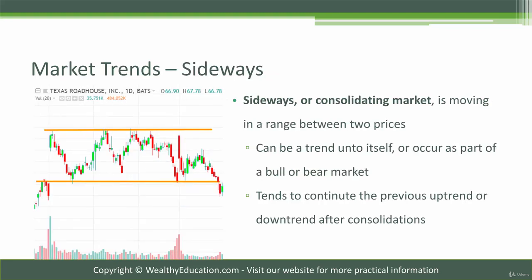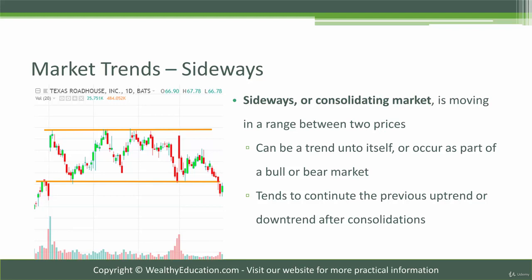Finally, the third type of market trend is a sideways or consolidating market. In this case, a stock or a market is moving in a range between two price levels. A consolidation can be a trend unto itself. You can have a consolidating market that consolidates for years, or you can have a consolidation movement within a bear or bull market.